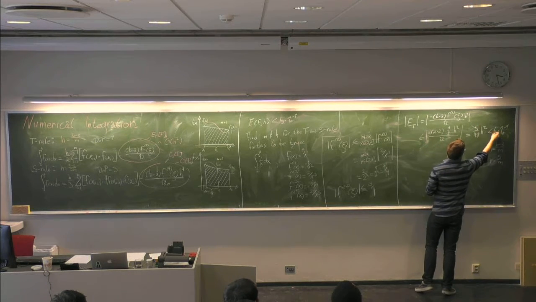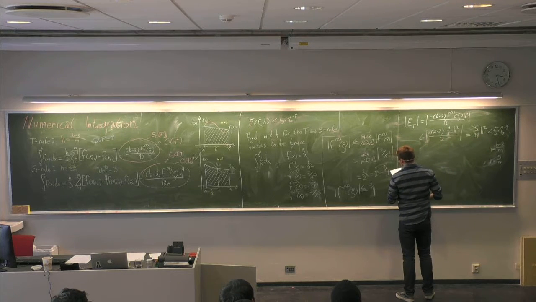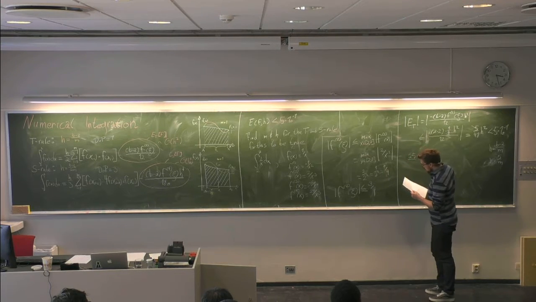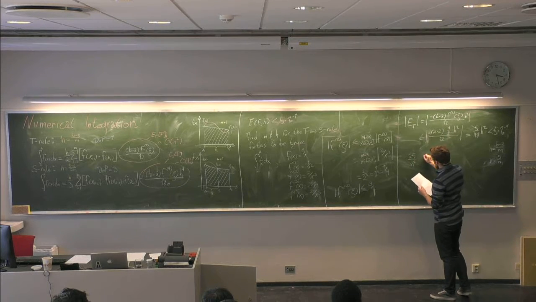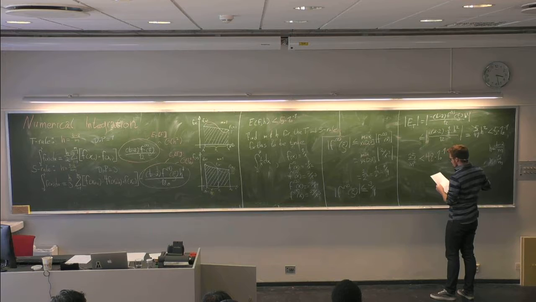So the 5s cancel. We multiply by 48 on both sides, and we get 25 over m squared should be less than 48 times 10 to the power of minus 9.